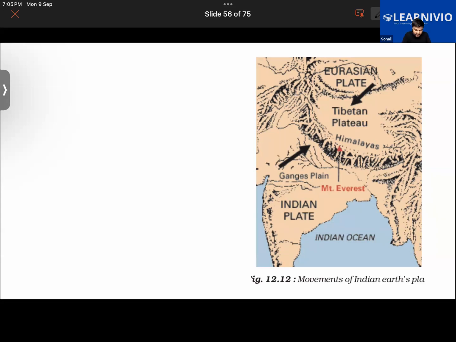The reason is that these regions are lying on the border of the Eurasian and Indian plates. So that's why they are more likely to be hit by earthquakes.